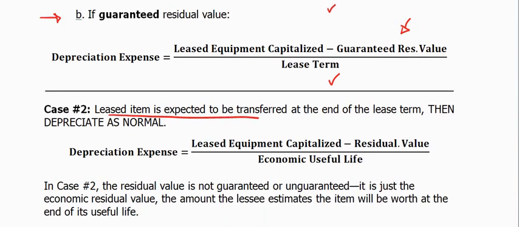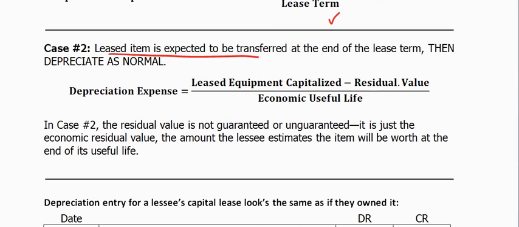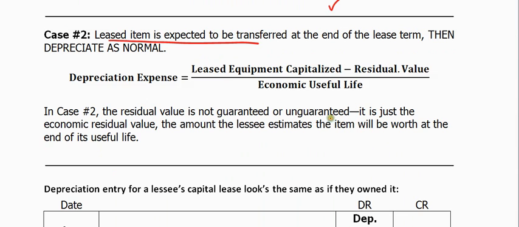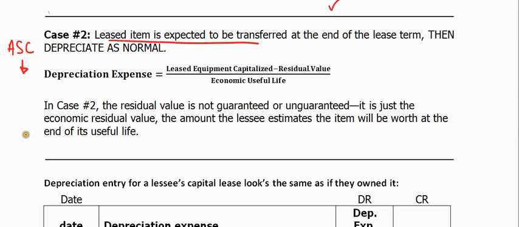Okay, now case 2, and if you go to the accounting standards codification, which is the authoritative GAAP literature, so I'll just put ASC, the accounting standards codification, they actually have an extensive lease section, but in this case too, they'll say, see other section, because you're going to depreciate as normal.